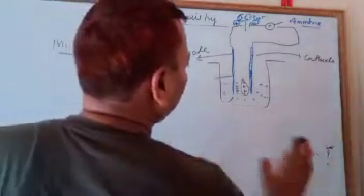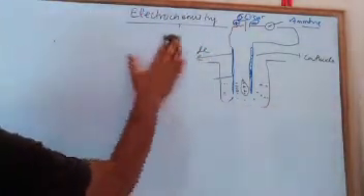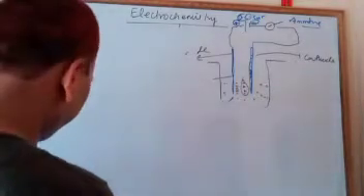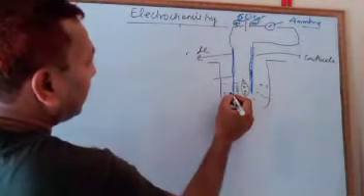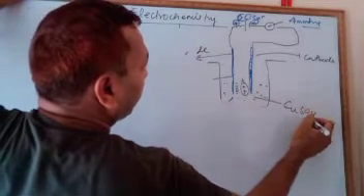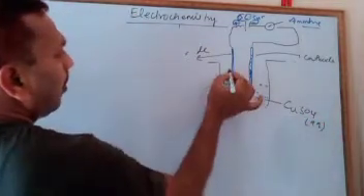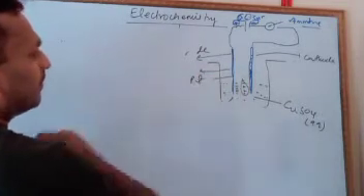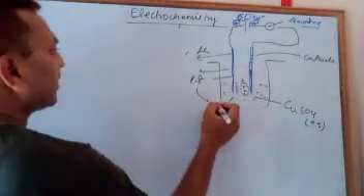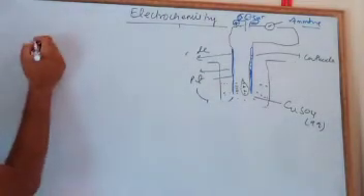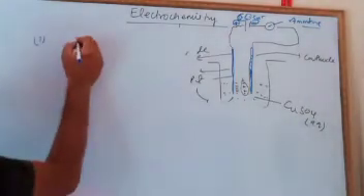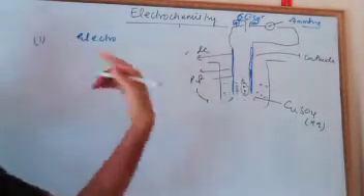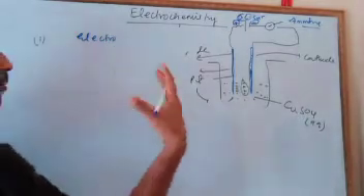Now let us understand this by taking an example. It is a very simple concept. Suppose we take an aqueous copper sulfate solution, with platinum as an inert electrode. This is the electrolysis of aqueous copper sulfate, and this question may be asked in exams, in product analysis.